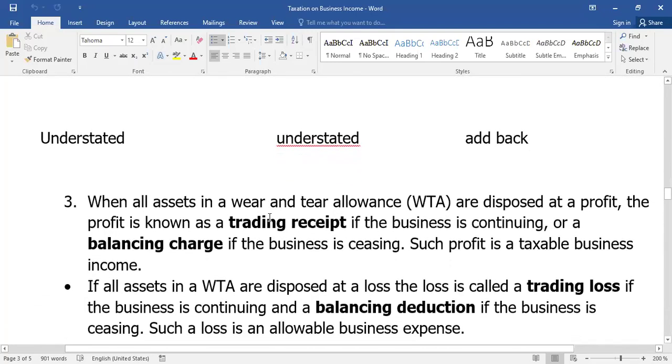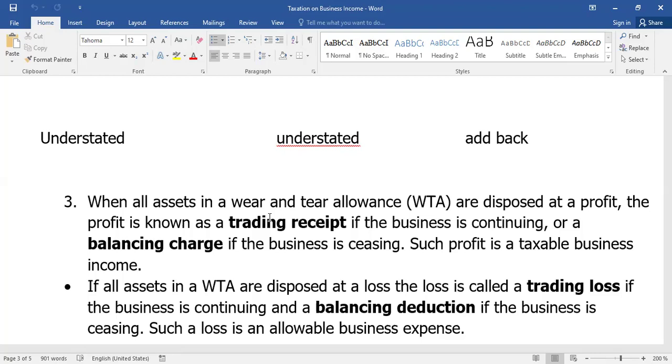Number 3 here, we are saying when all assets in a wear and tear allowance are disposed of at a profit, the profit is normally called the trading receipts, if the business is continuing, or a balancing charge, if the business is ceasing. Such profit is a taxable business income.